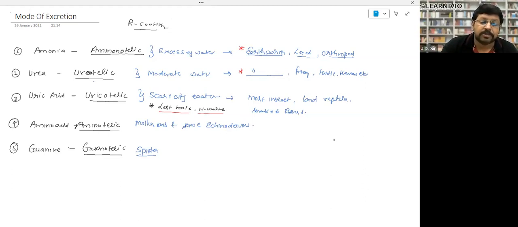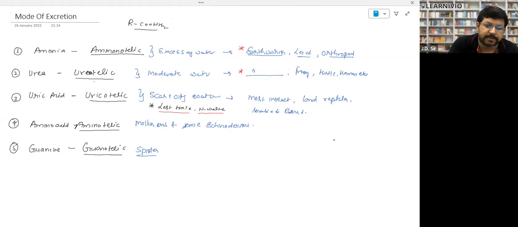Please note down this statement: if the water is present in excess around the environment where the earthworm is present, it will be ammonotelic.